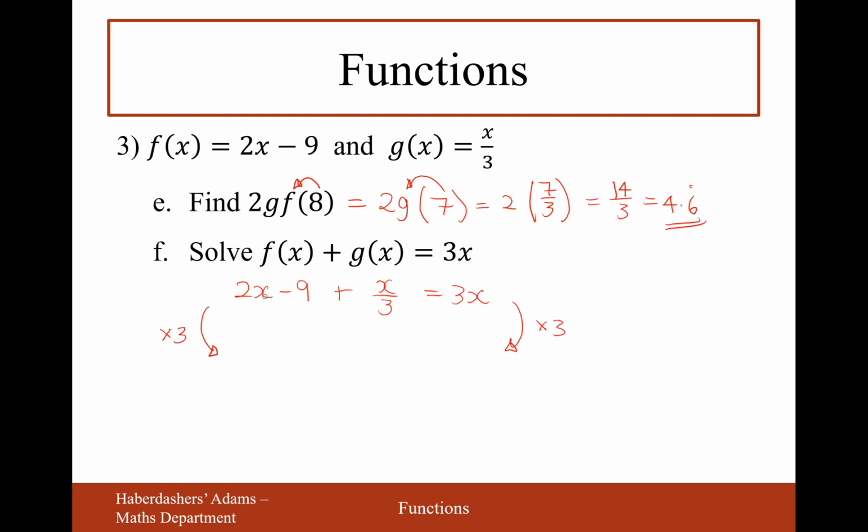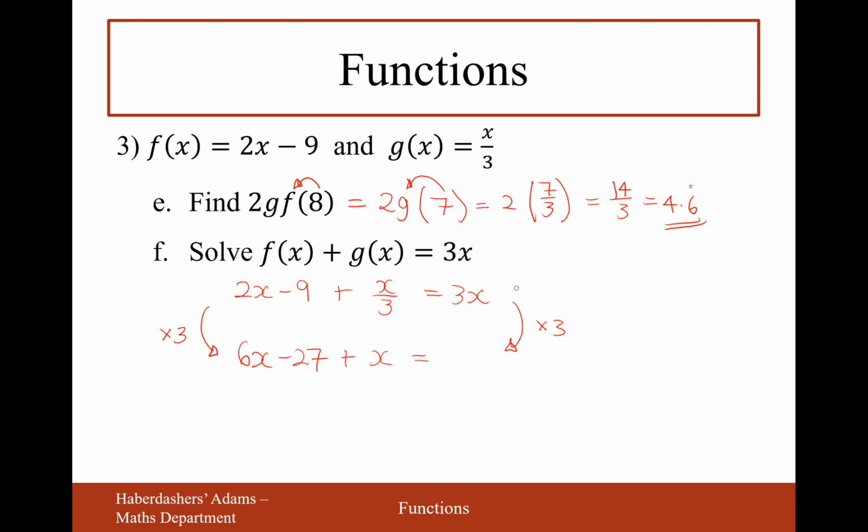So 2x times 3, that's 6x. Minus 9 times 3, that's minus 27. x divided by 3 times by 3. Now here we've had a divide by 3 and a times by 3, which cancel each other out. So that's going to make it just x.